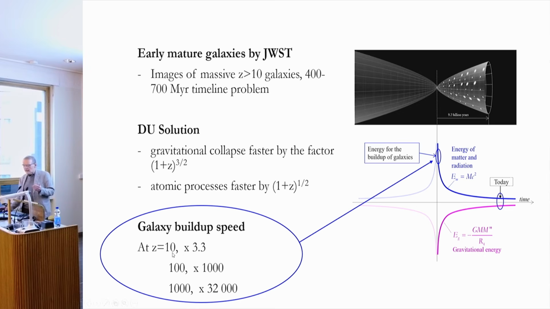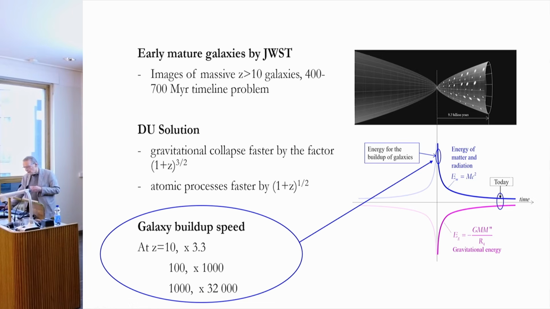And it means that when Z, the redshift, is 10, which is typical of the galaxies now found with the James Webb Telescope, the speeding factor is 3.5. At redshift 100, in the earlier phase, it was 1,000 times higher, and when Z was 1,000, which is about the redshift at expected emission of the background radiation, it was 32,000.